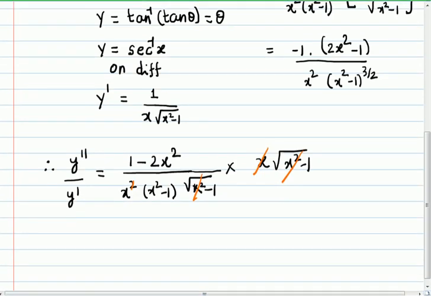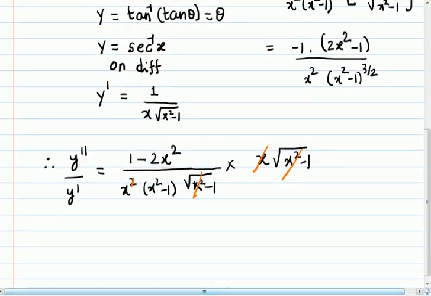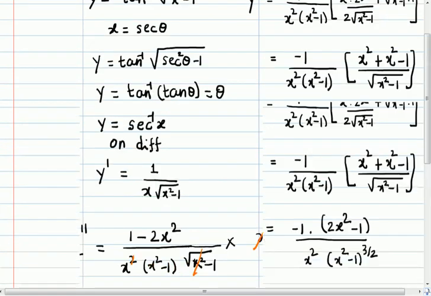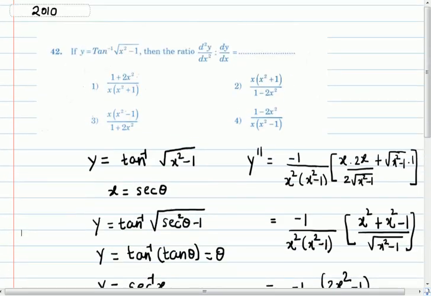So the final answer for this function is 1 minus 2x square divided by x into root of x square minus 1. Hence option 4 is correct.